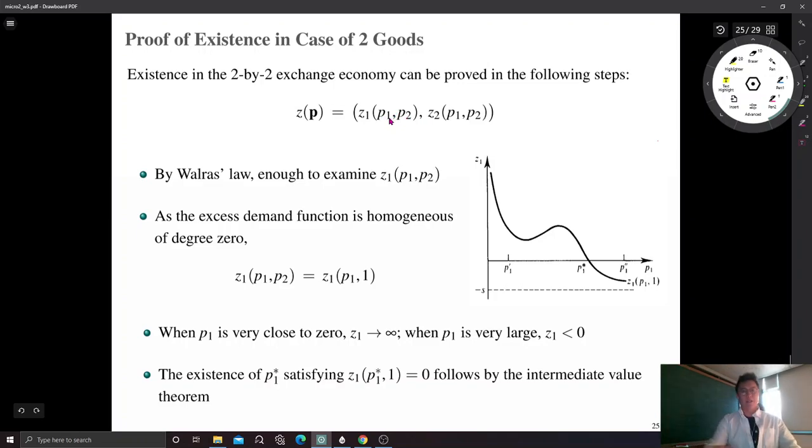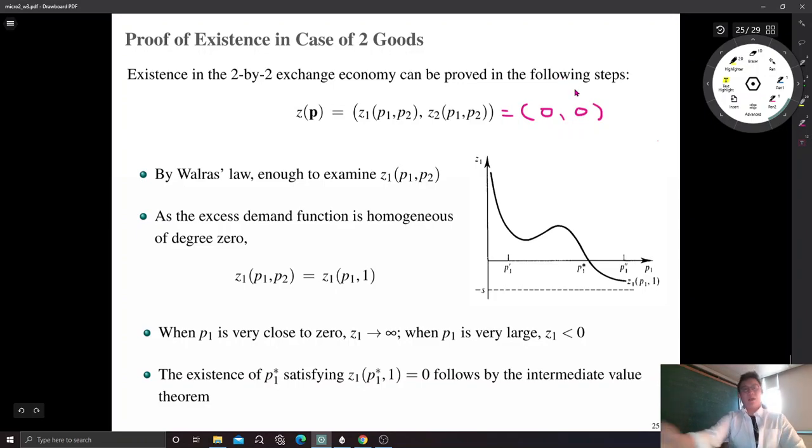So, under the assumption of strong monotonicity, we have to figure out whether there exists a price vector P1 and P2 at which this function boils down to 0 and 0, the zero vector. So at such a price P, Z1 is equal to 0 and Z2 is equal to 0. Right?